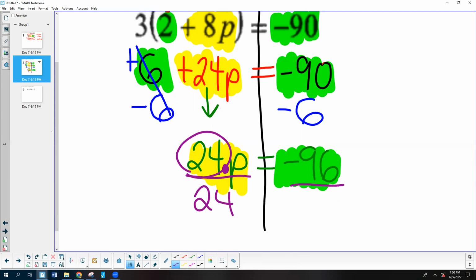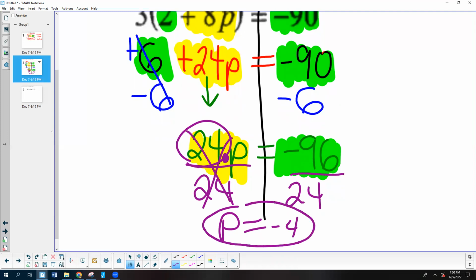So we're going to divide by 24 on both sides. That's going to cancel, so we'll have p equals, plug this in your calculator, -96 divided by 24. And that gives us -4. So p equals -4 in this case.